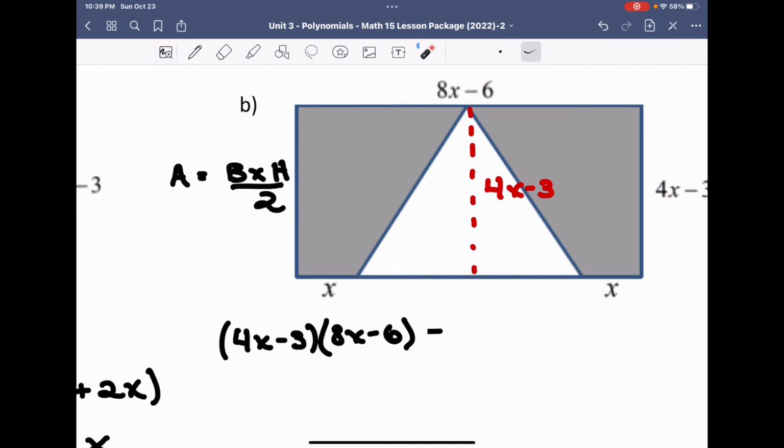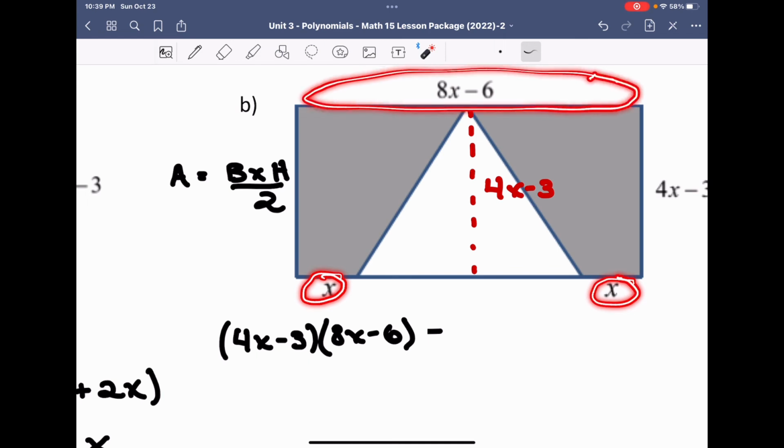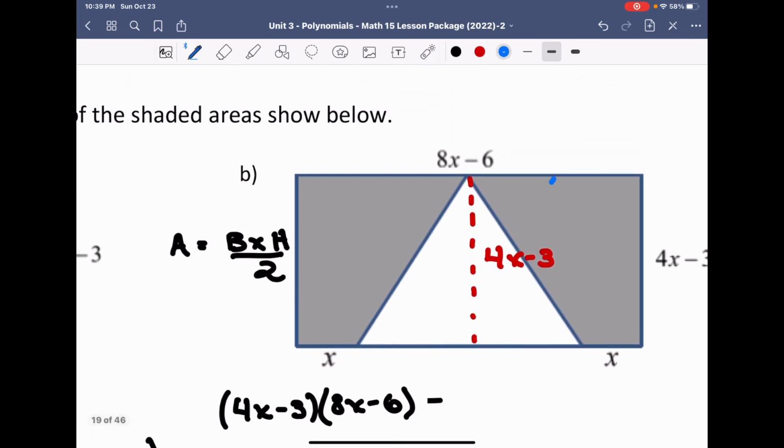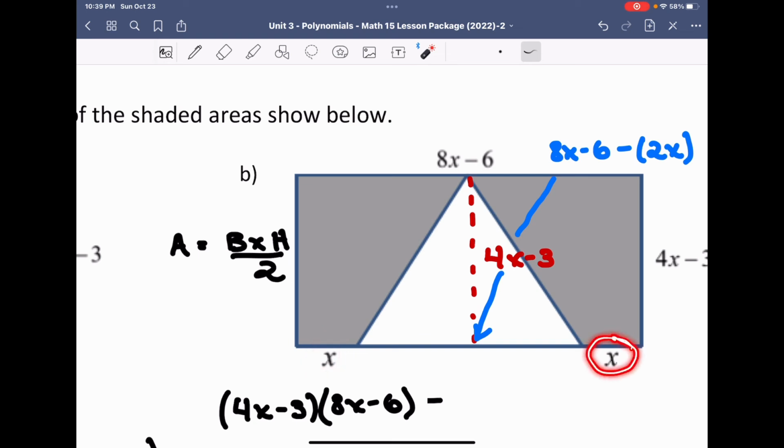Well, the nice part is they give us that these small sections are equal to x, and the entire strip is equal to 8x minus 6. So in order to get the very base here, I have to take 8x minus 6 and subtract away 2 x values, this x component and this x component, which represent that small slice in comparison to the whole length here.